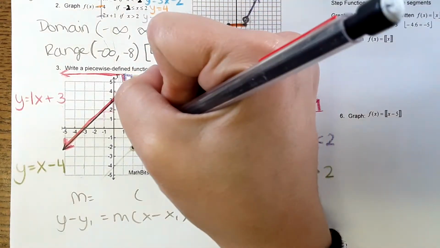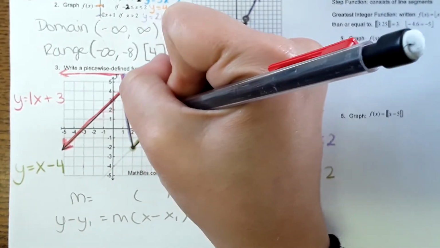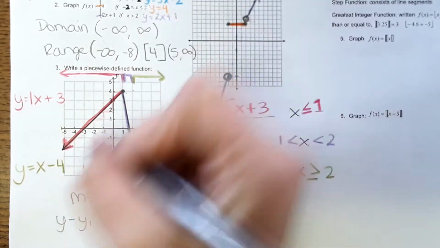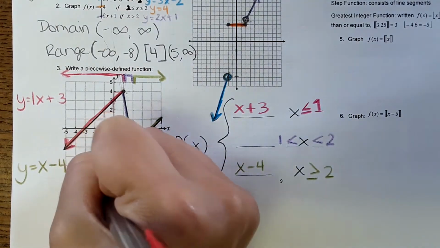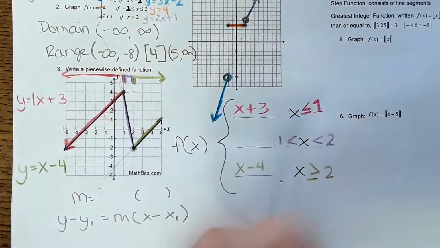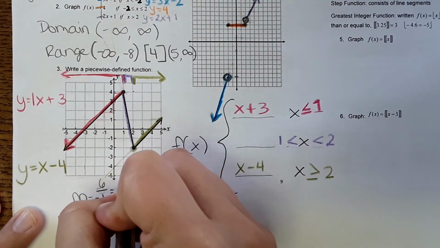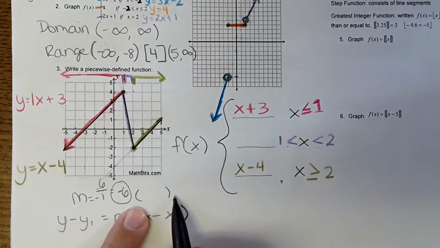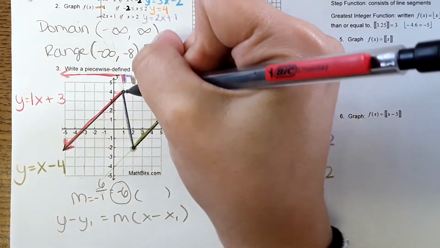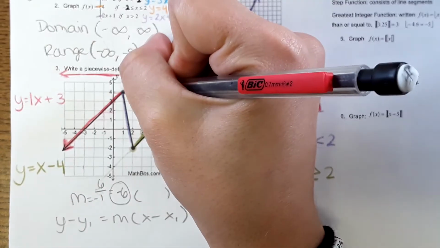So the slope of this line would be 1, 2, 3, 4, 5, up 6 over 1, so it'd be 6 over -1, or just -6 is our slope. And then we need a point on this line. I'm going to choose 1, 4.